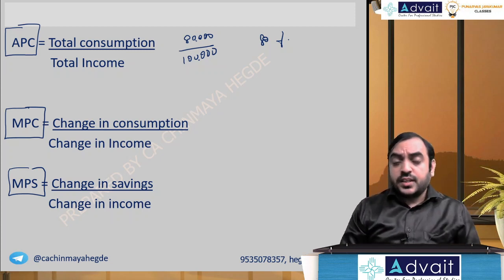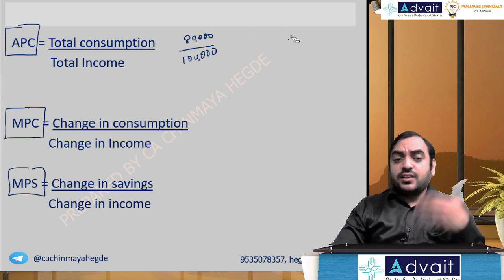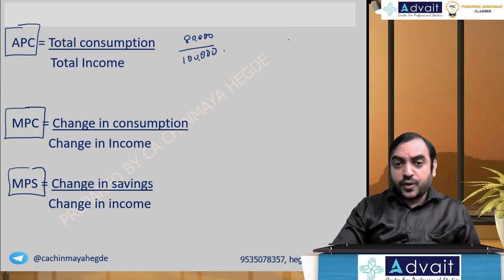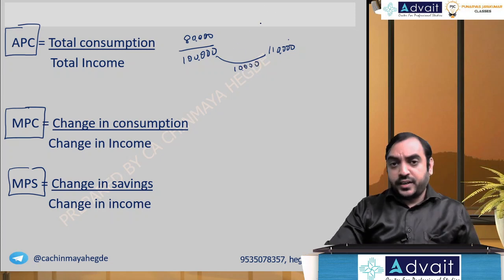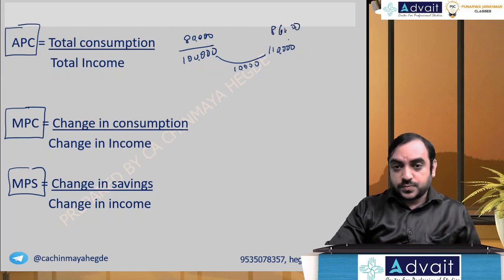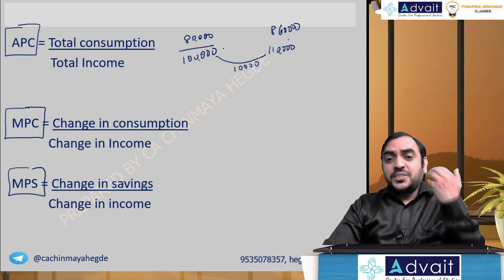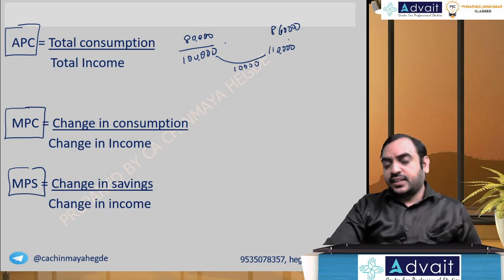Change in consumption means if I get additional salary, let's say, from 1 lakh, I get additional salary. Let's say I get a salary increase of 10,000. So when I get 10,000 more, what money do I spend? Let's say I will spend totally 86,000. So what is my increase in salary? 10,000.